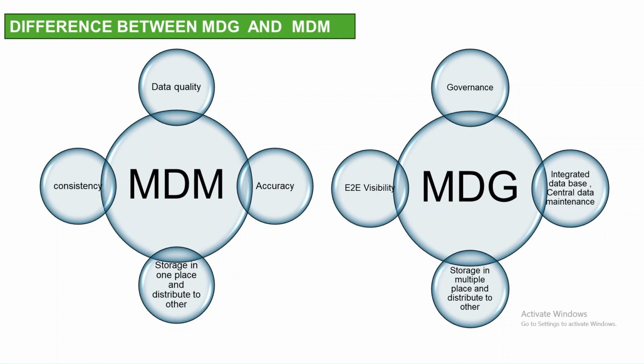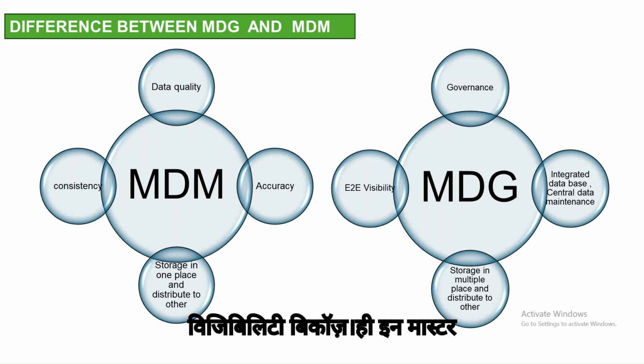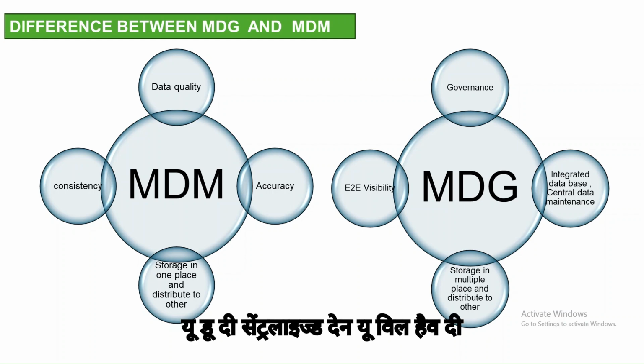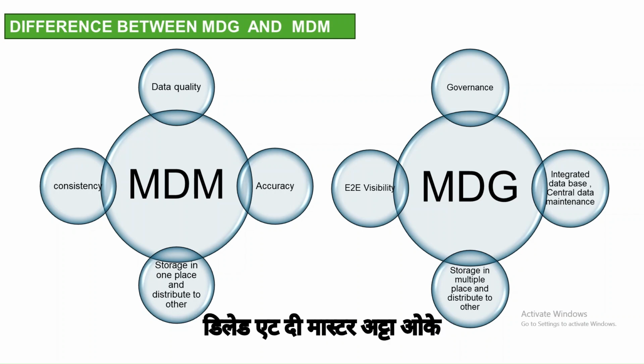And end-to-end visibility, because in master data governance you can manage the master data in a centralized way. Suppose you have multiple lines of business and you want to control your data from a central system. If you centralize, you will have visibility from end to end, from when you create the master data to when you delete it.